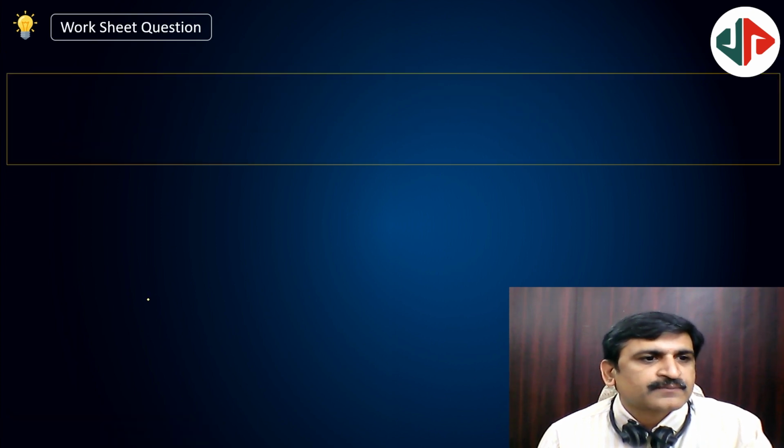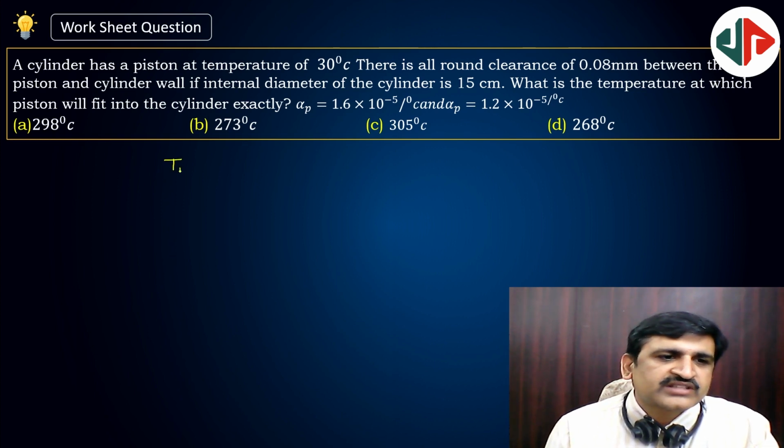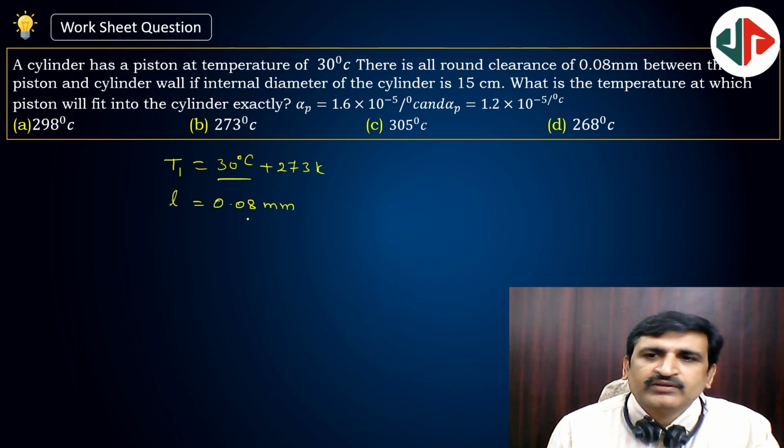Yes. Next, a cylinder has a piston at temperature 30 degrees. There is all round clearance of 0.08 mm between the piston and the cylinder wall. Let me write, temperature T1 is equal to 300 degrees Celsius plus 273 if possible Kelvin, and available length L equal to 0.08 mm.